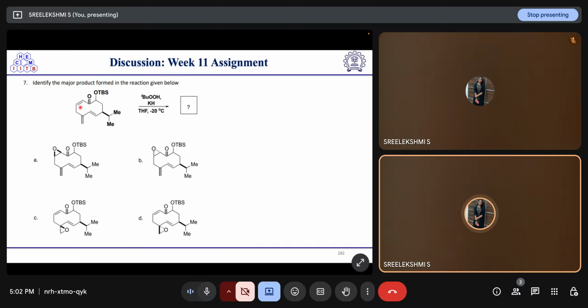Although this is a racemic compound, we can only specify the relative stereochemistry and not the absolute stereochemistry. So the options are also according to the regiochemistry and the stereoselectivity of the epoxide formation. So try to identify which would be the major product.